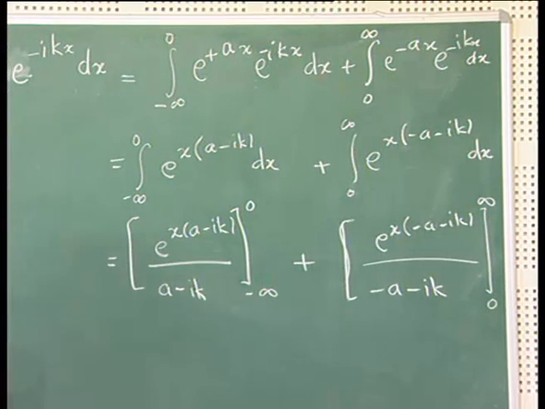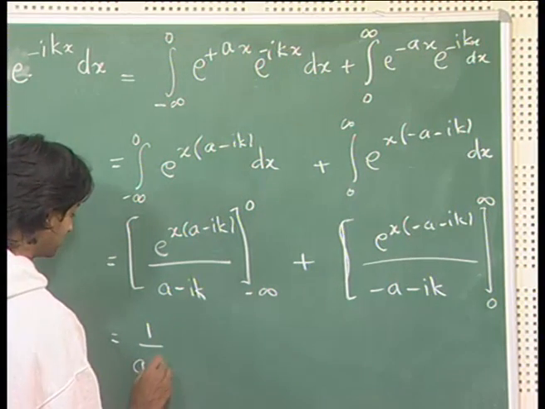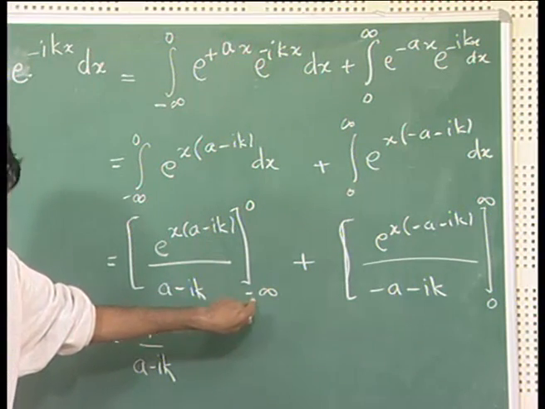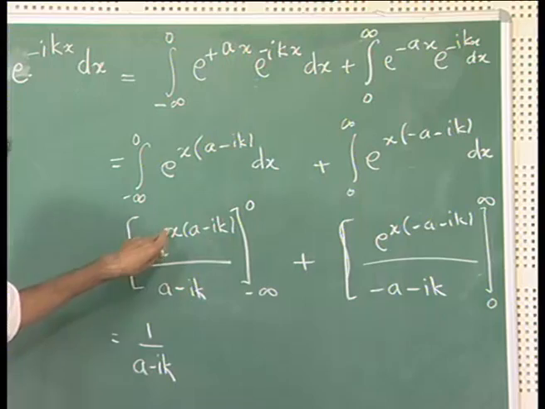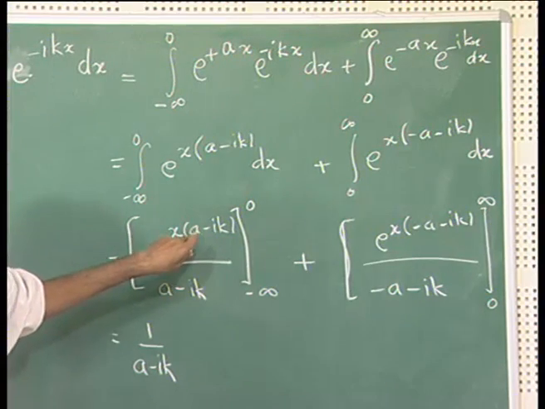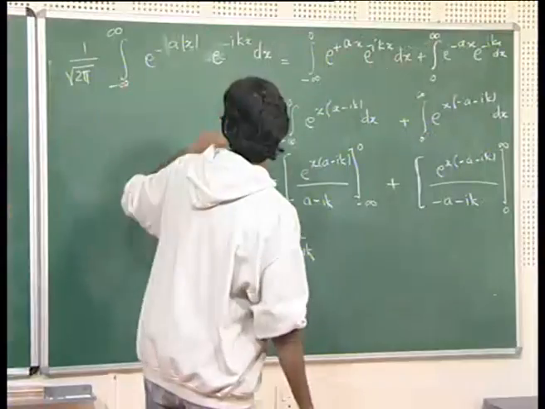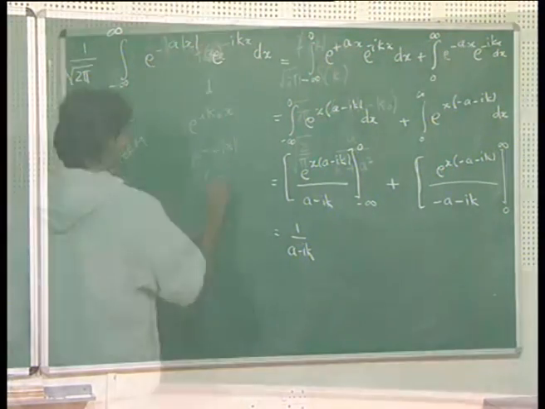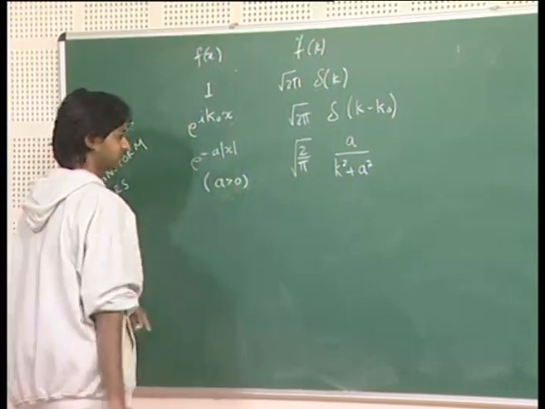Now the upper limit corresponding to x equal to 0 will give me 1 over a minus i k. For the lower limit, x equal to minus infinity: I should mention that a is greater than 0, so in this case a is assumed to be greater than 0.